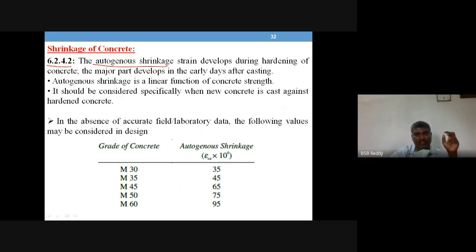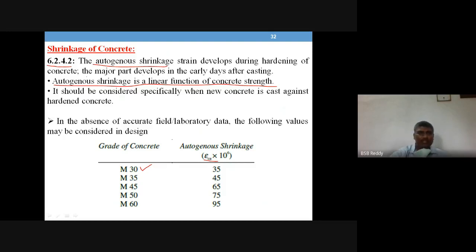If you are using M30 grade, take the strain value epsilon ca equal to 35 into 10 power minus 6. Autogenous shrinkage is a linear function of concrete strength, so it varies linearly with the concrete strength. It should be considered specifically when new concrete is cast against hardened concrete.